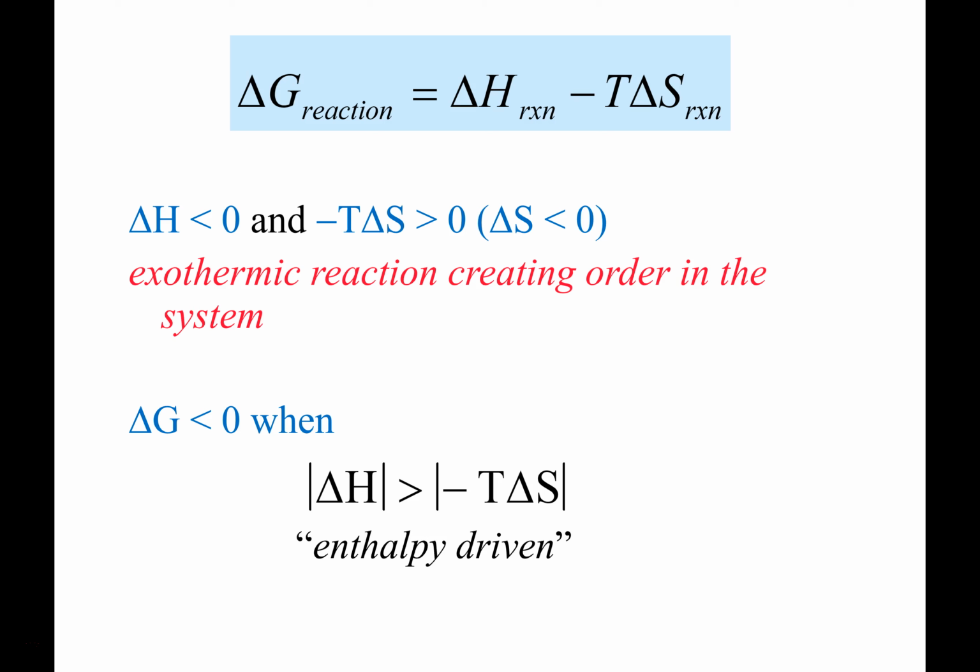It's not that delta G won't be less than 0, but if it is spontaneous, what let it get there? It was the term that was not fighting the universe, the negative enthalpy term. We say it'll be enthalpy driven if it is spontaneous, and the only way that's the case is if the absolute value of your enthalpy term is greater than the absolute value of your T delta S term. If it takes over.